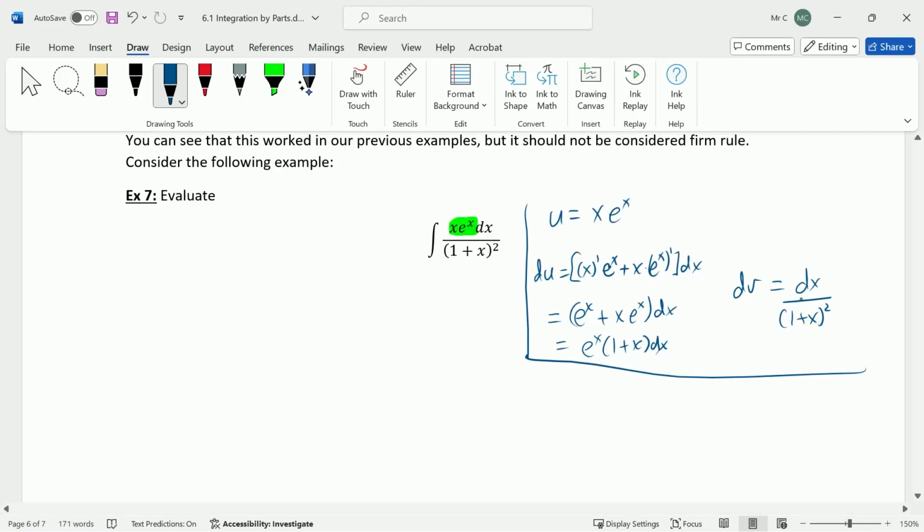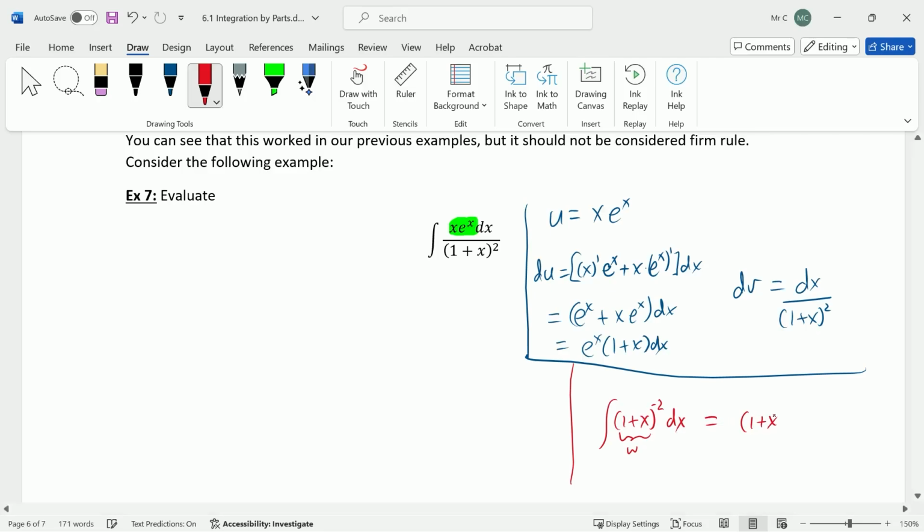So that's not too hard of a function to find the antiderivative for, but it's enough that I'm going to write it off to the side. So instead of writing dx over 1 plus x squared, I'm going to write 1 plus x to the negative second power dx. And there would need to be a substitution here, w, but my dw is just going to be 1. So that substitution works out really nicely.